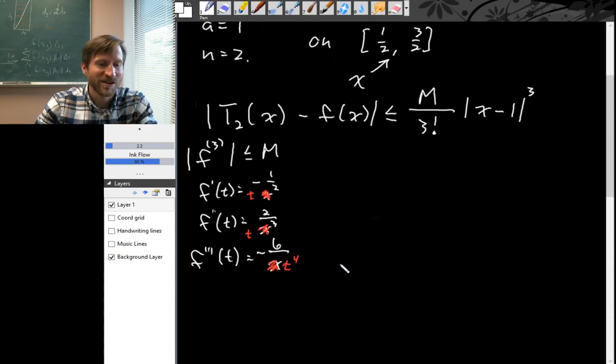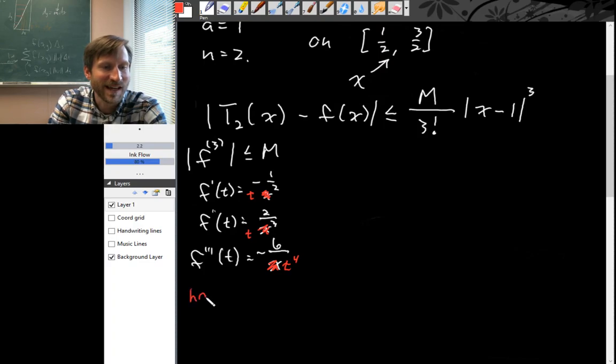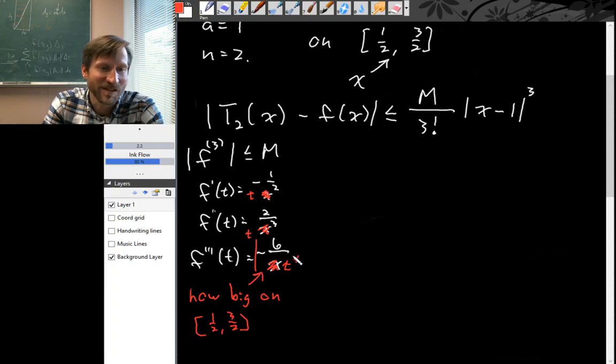So we have to ask ourselves, to find M, how big does this get on the interval that we're working with, the interval from 1/2 to 3/2? Well, the absolute value of this. So let's see.